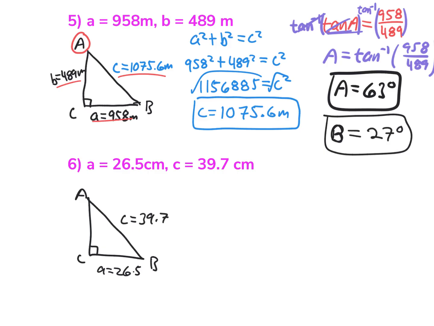What's one piece of information that we can easily find? Yeah, right, the other side. So let's do the same thing that we did before. Let's do Pythagorean theorem. A squared plus B squared equals C squared. When we do this, we're going to get 26.5 squared plus B squared equals 39.7 squared. All right, so let's plug this into our calculators.